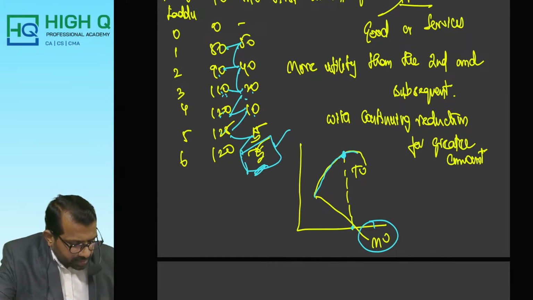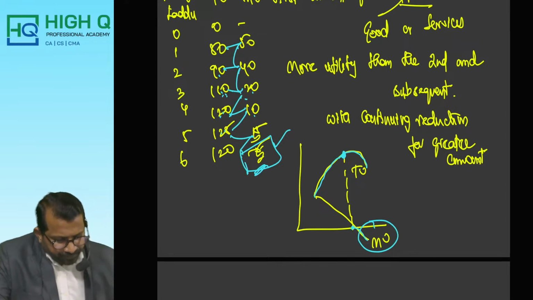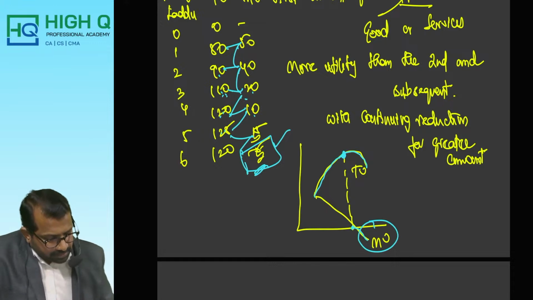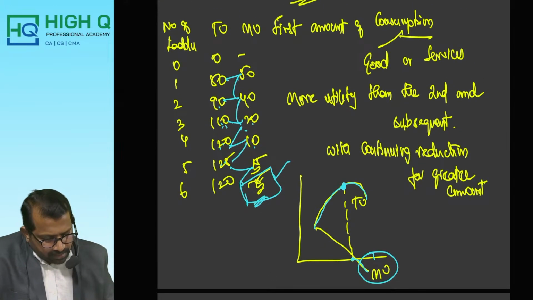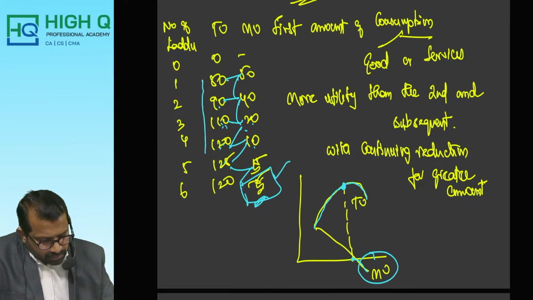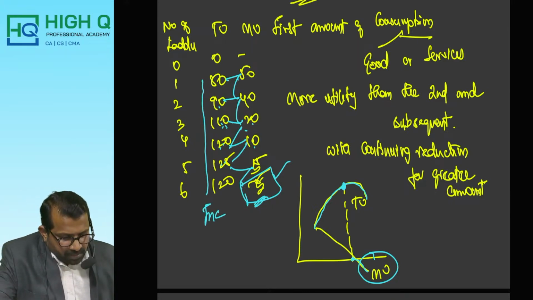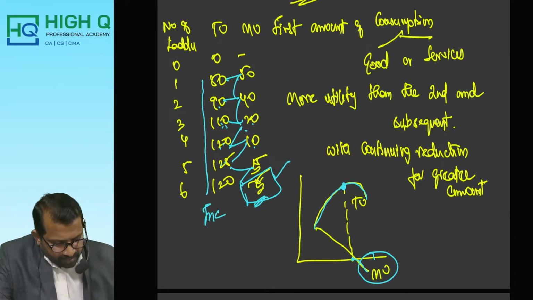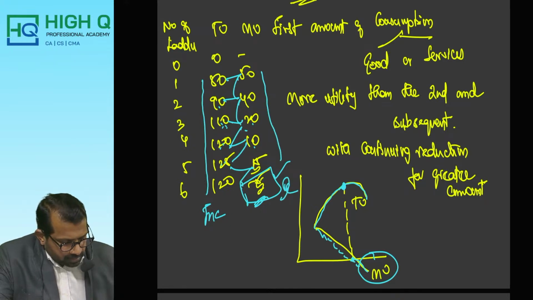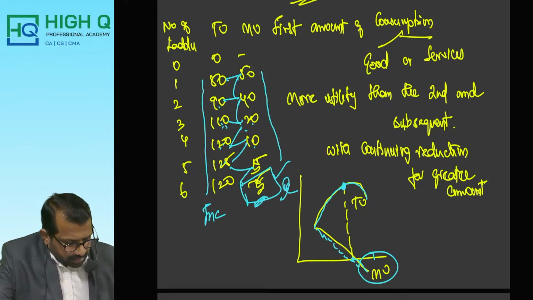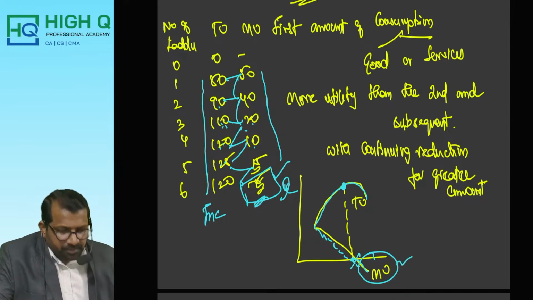Later the total utility started to decrease, and marginal utility becomes negative. As per this table, total utility started to increase, marginal utility started to decrease. After intersecting, at one stage it becomes negative.